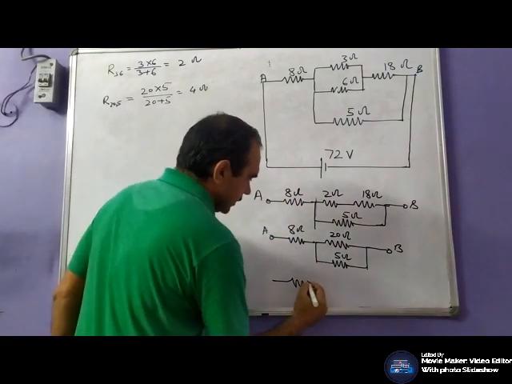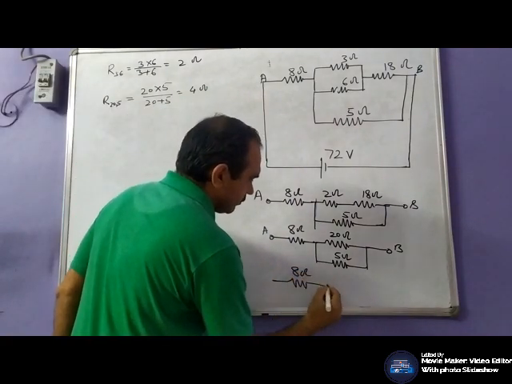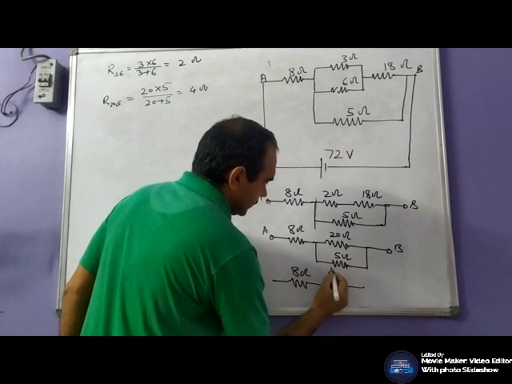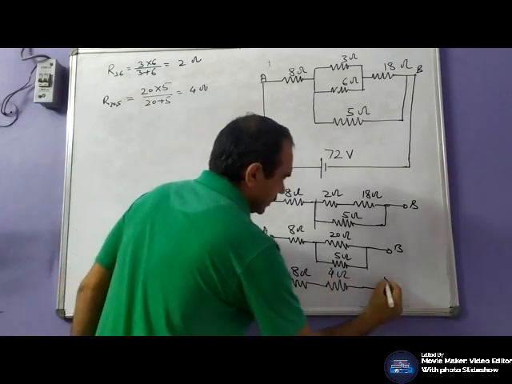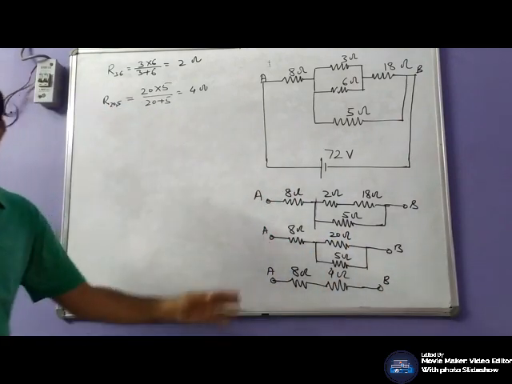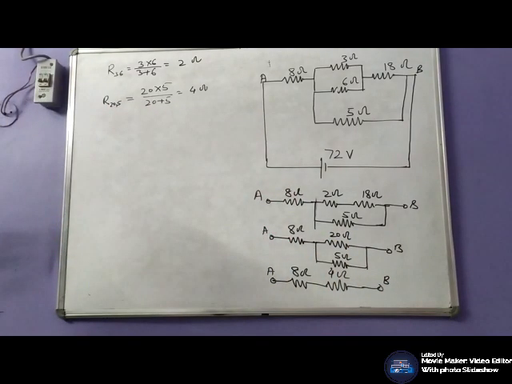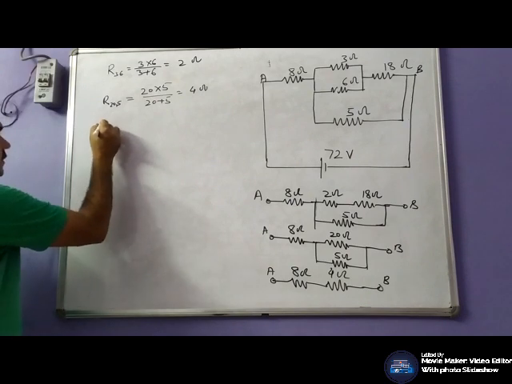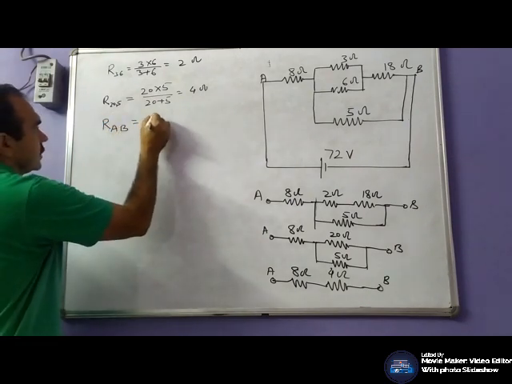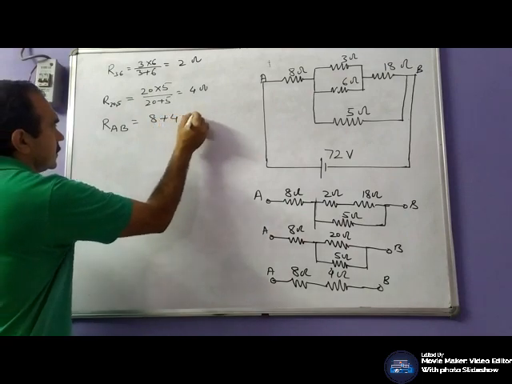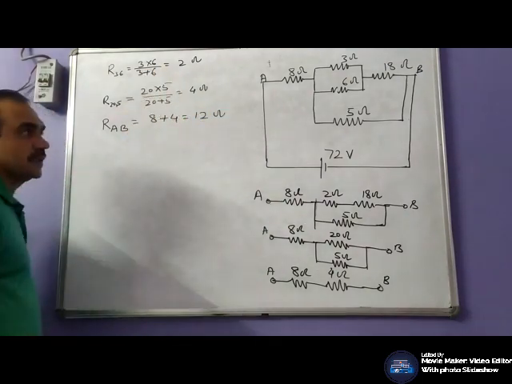So this would be 8 ohm and 4 ohm. What would be the equivalent resistance between terminal A and B? 12.